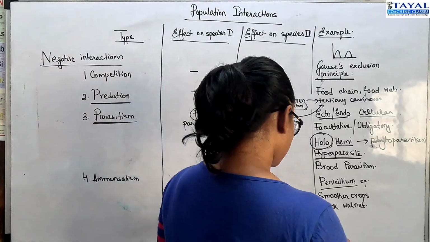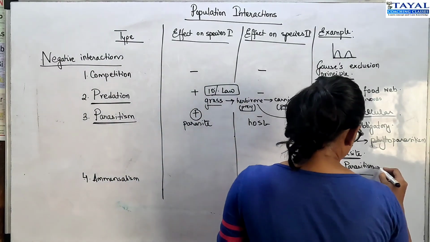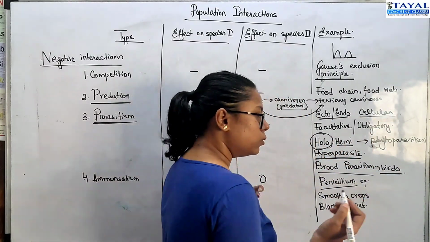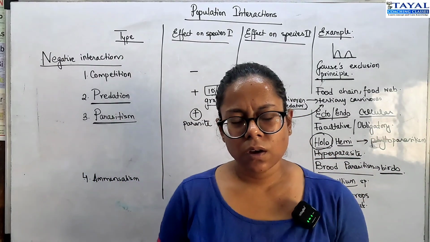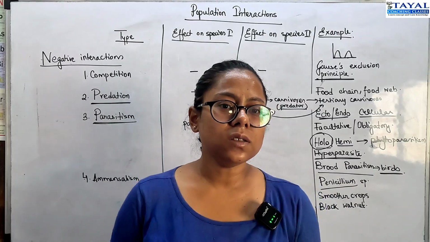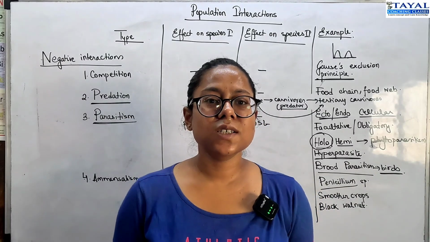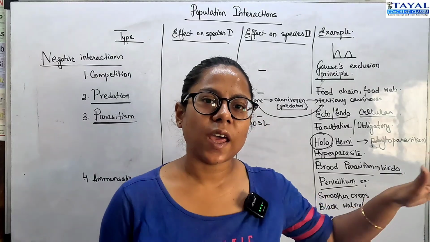Brood parasitism is another very interesting concept which is found in birds. You know that cuckoos lay their eggs in the nests of crows. And when these birds hatch, the cuckoos fly away.